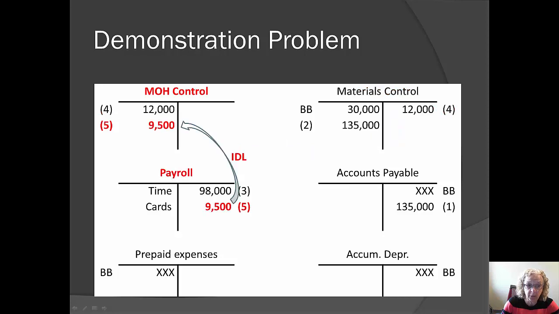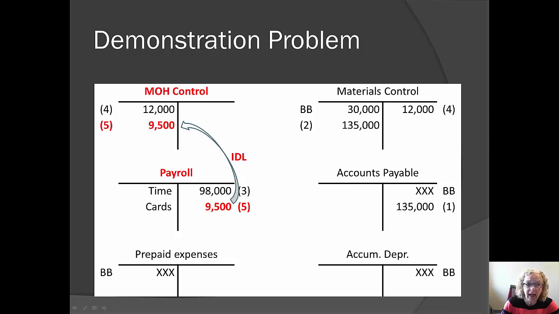Similarly, when we use indirect labor, the dollar value of our workers' time when they are attending a training session, having a coffee break, or waiting for a machine to be fixed or more materials to be delivered, that is treated as indirect labor, and it increases our manufacturing overhead control account.